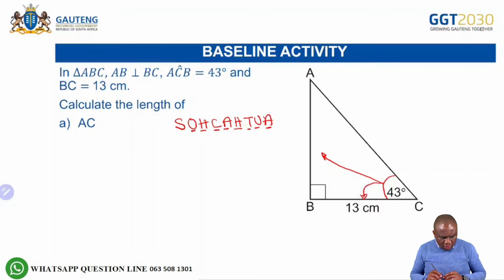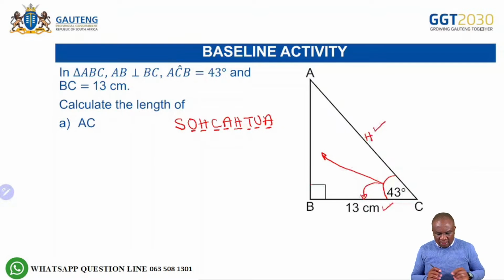What do we want to find? We want to find AC. AC is opposite the 90-degree angle, so AC is the hypotenuse. Let me write H for hypotenuse. To find AC, we have the adjacent side. So which trigonometric ratio involves the hypotenuse and the adjacent side?